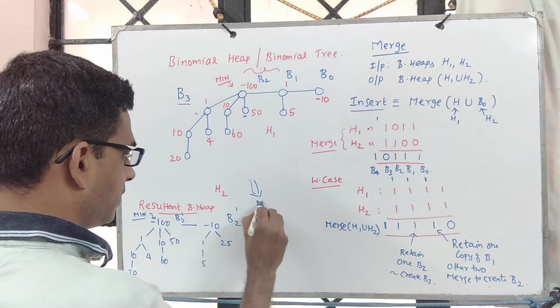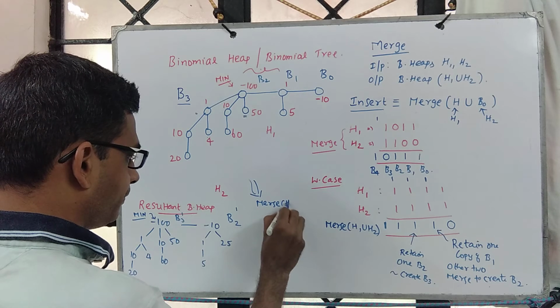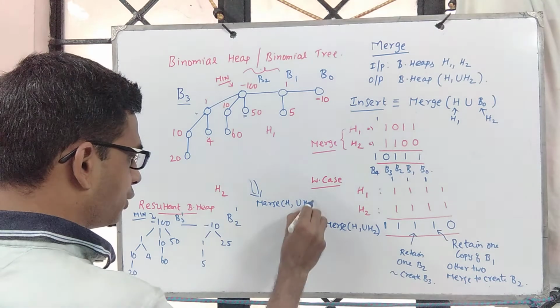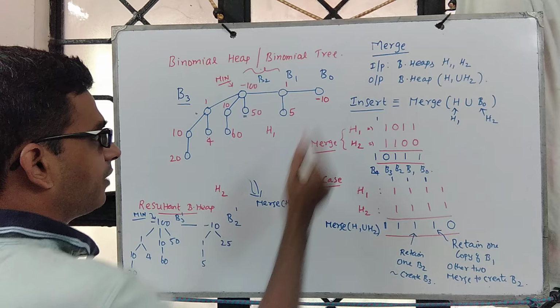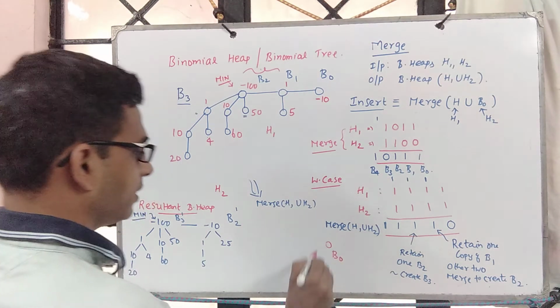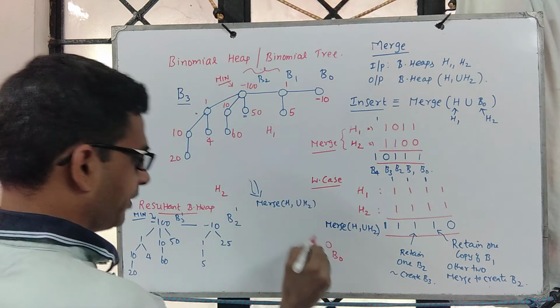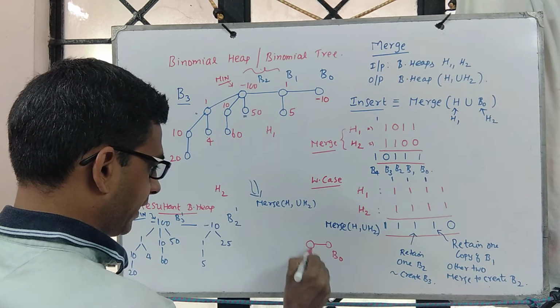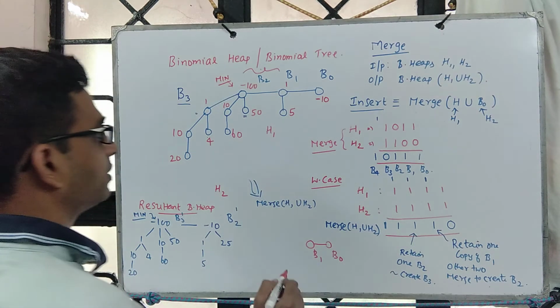So when we merge these two, H1 union H2, what do we get? We have only one copy of B0, so B0 comes as it is. Then you have only one copy of B1, so we get B1 as it is.